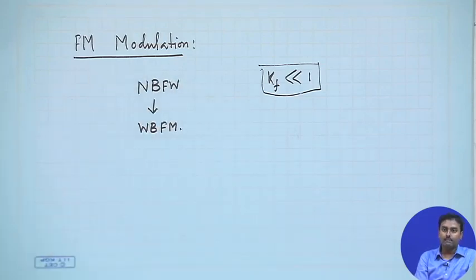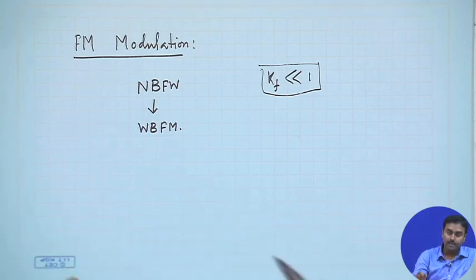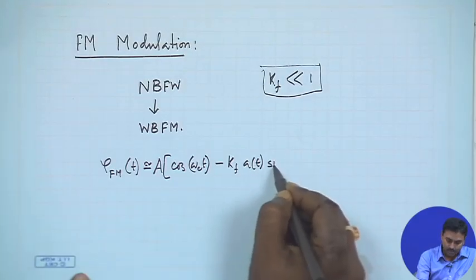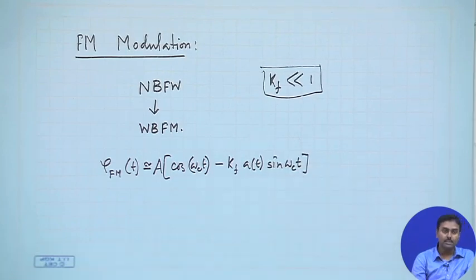We have also seen, with the Taylor series expansion of that FM modulated signal, that for narrowband FM, when this KF into A(t) is much smaller than 1, we can represent it approximately as cos omega c t minus KF A(t) sin omega c t, where omega c is the carrier frequency with which we are doing the modulation.